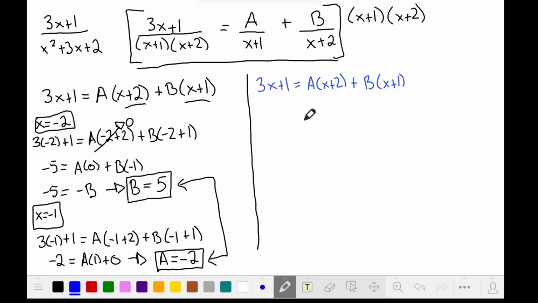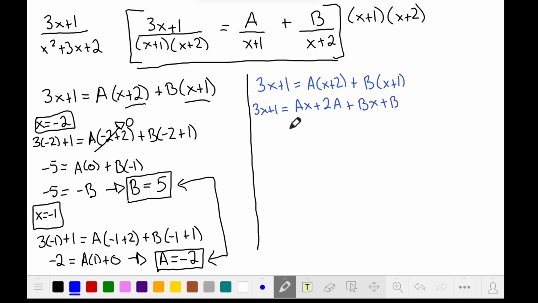So now what we do is we group together the x terms. So what do I mean by that? I mean that we're going to have 3x plus 1 is going to equal Ax plus 2A plus Bx plus B. So all I did is I just brought in the A and multiplied everything in the term, and then I brought in the B. So what we're going to do is we're going to split this up into two equations.